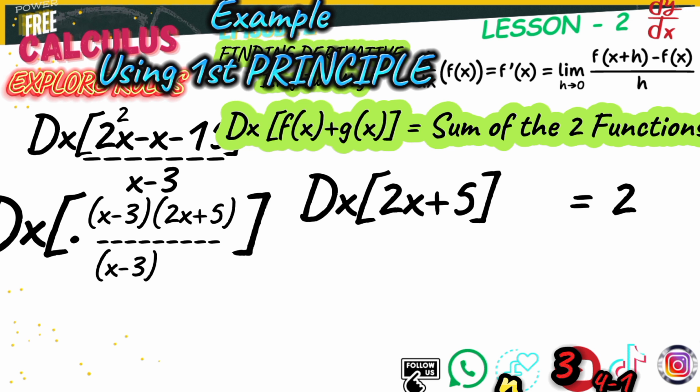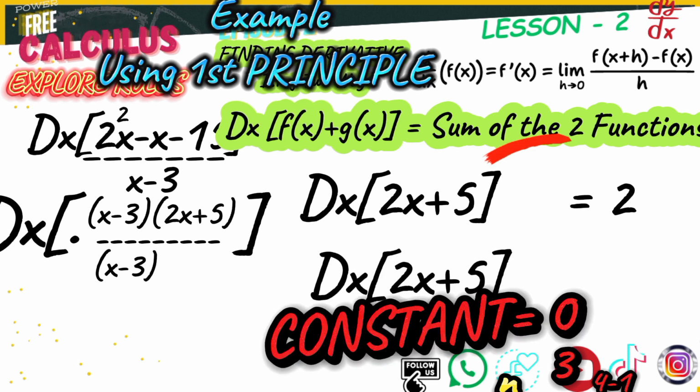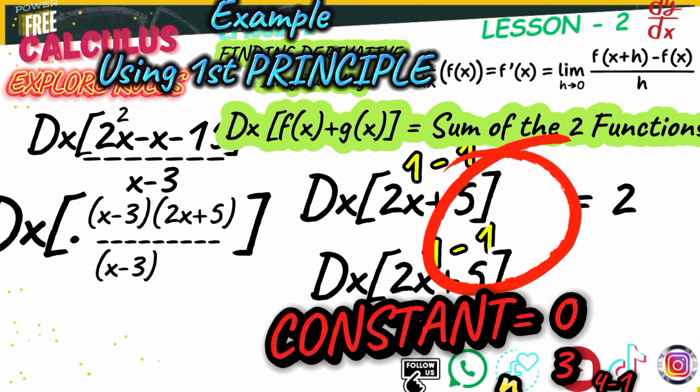And then we can simply now derive that. We simply have our expression as d/dx of (2x plus 5). We can now derive 2x: it goes to 1 times 2, applying the rules, is 2, and then x to the power 1 minus 1 is 0.